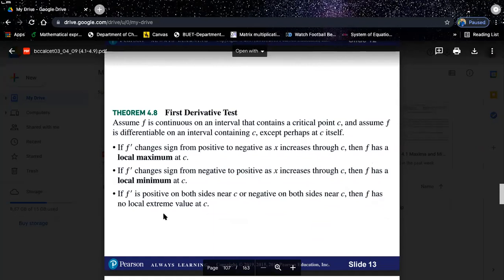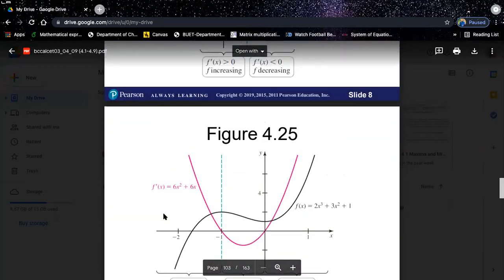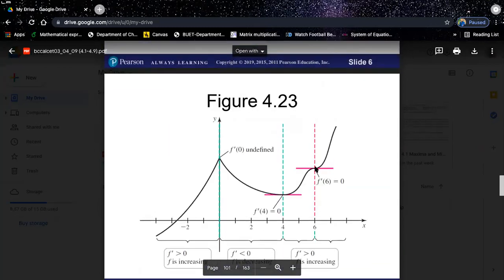Or in other words, we can combine minimum and maximum and say extremum, okay? f has no local extrema at C. And you can see it from this graph, right? It's neither a maximum nor a minimum, is it? It's not a maximum, and it doesn't look like a minimum either, right?